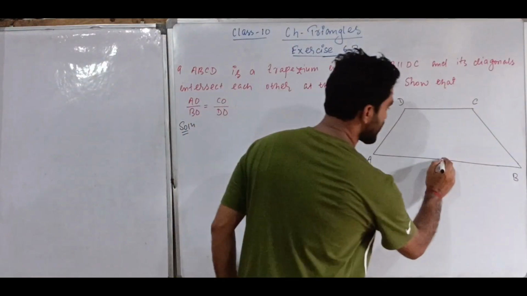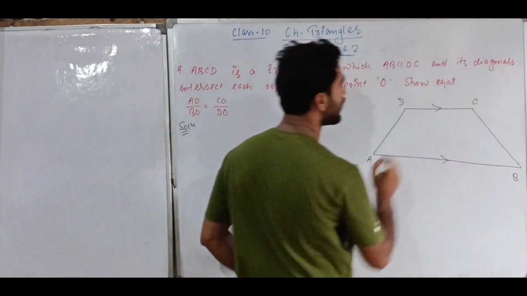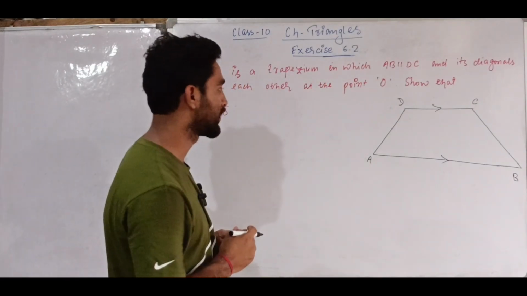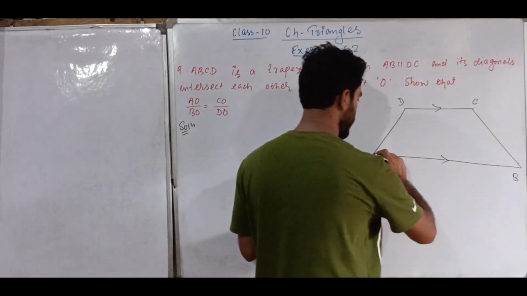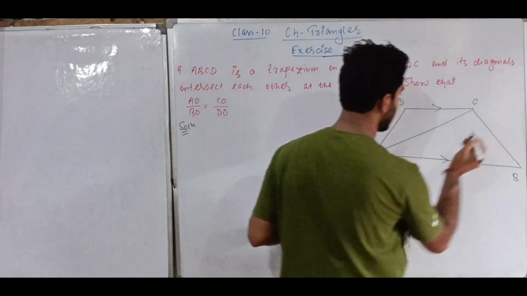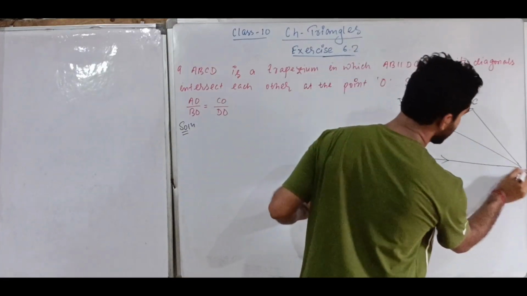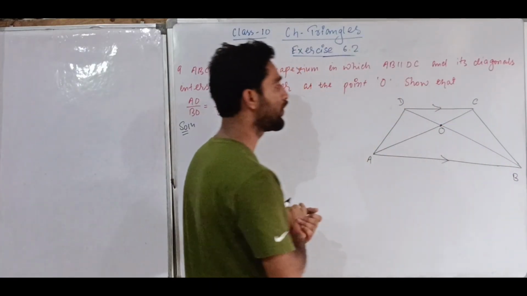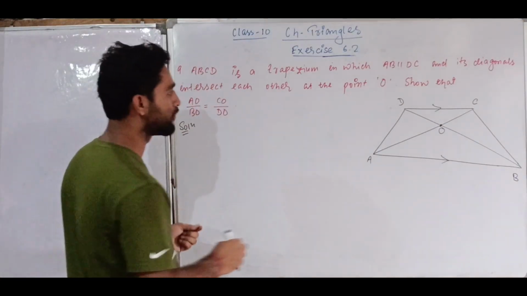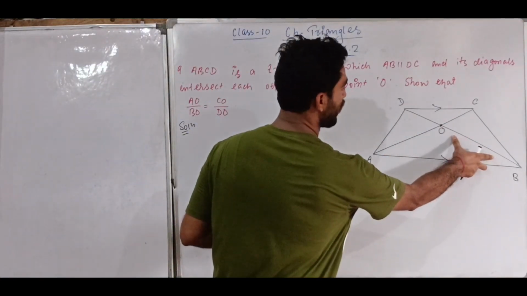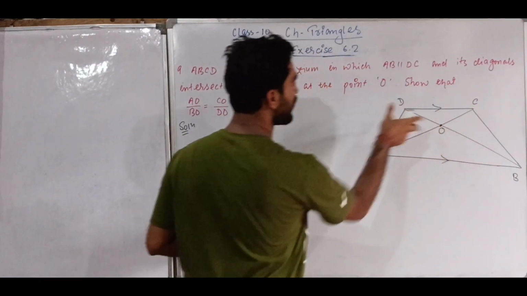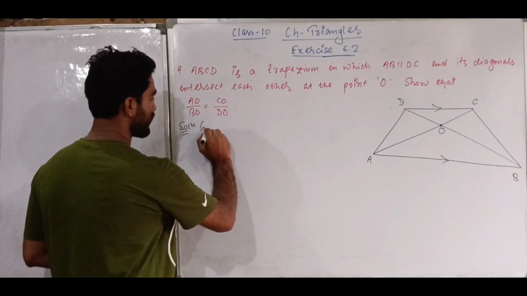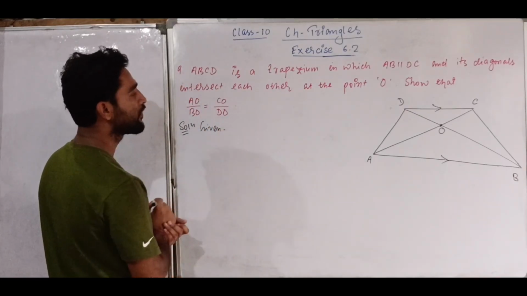So in this trapezium, this AB is parallel to DC. This information is given in the question. And its two diagonals, AC is the diagonal and BD is the diagonal. Its two diagonals intersect each other at point O. So we have to prove AO divided by BO is equal to CO divided by DO. So what is given?